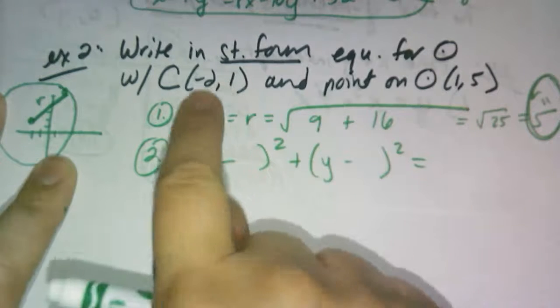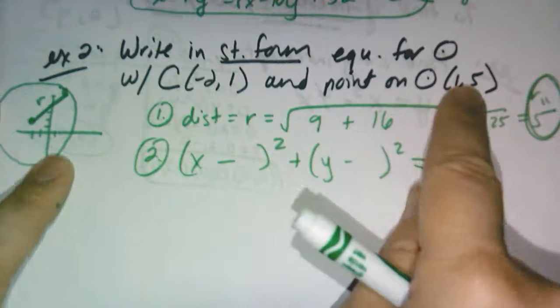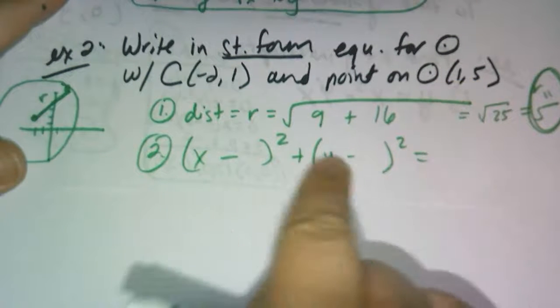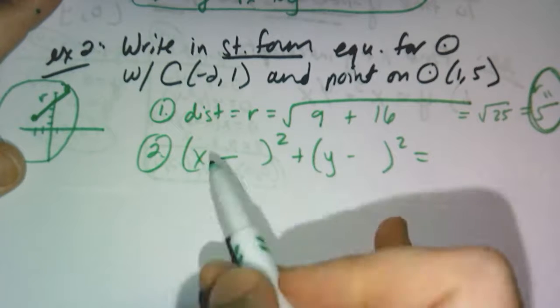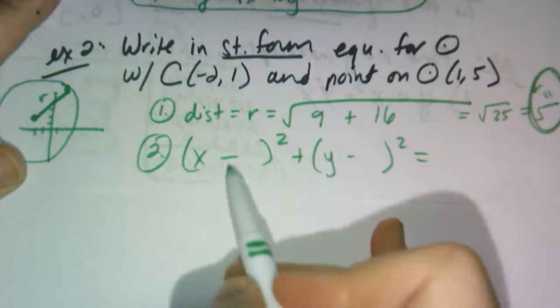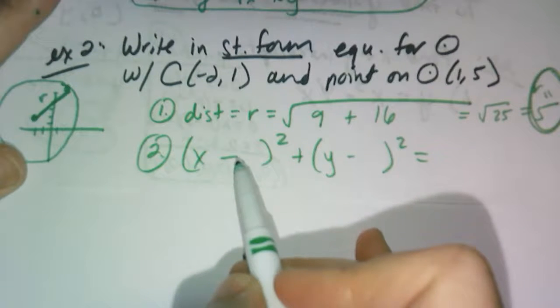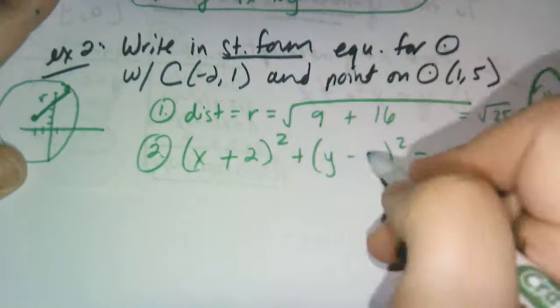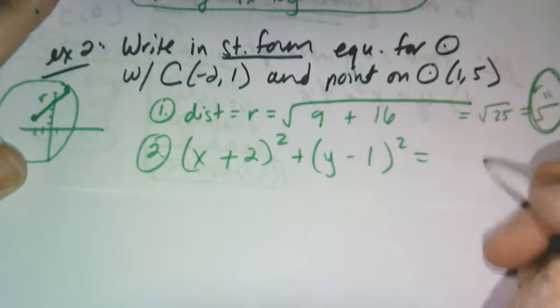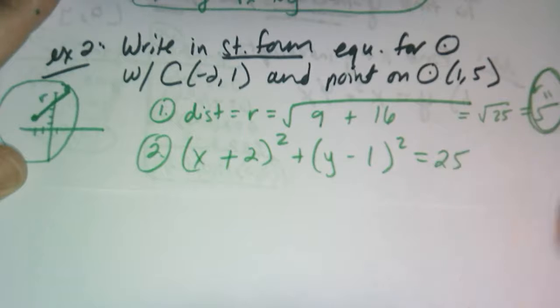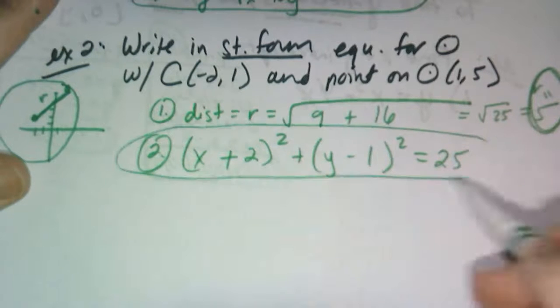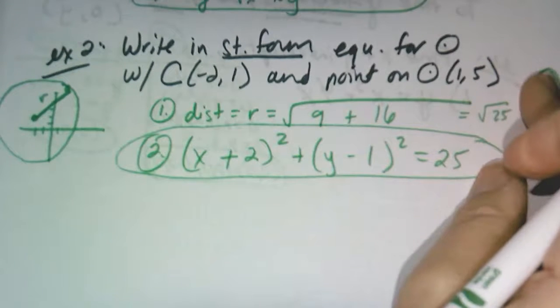No, you need to find the distance from that point. So what would go here? -2, which would change it to what? And then what would be here? And what's here? Be careful. 25, 5 squared.